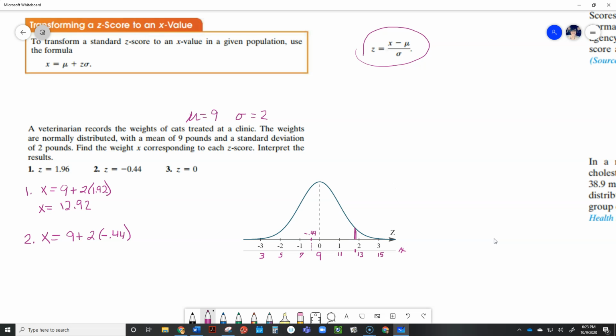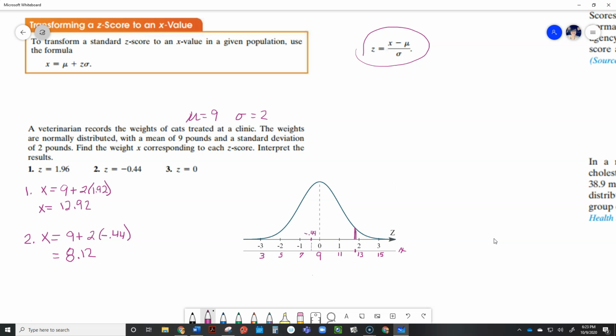So the cat that is negative 0.44 standard deviations away from the mean of 9 is going to weigh 9 plus 2 times negative 0.44, which is 8.12 pounds.